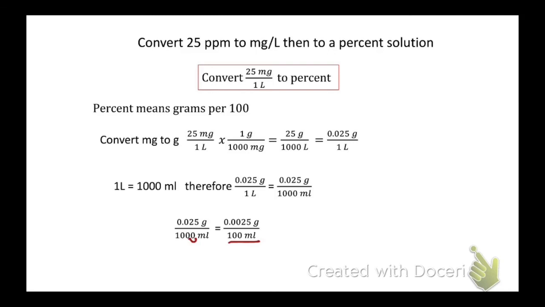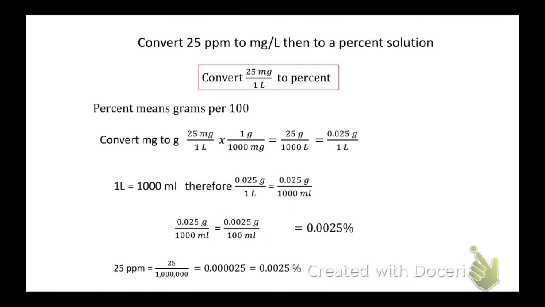And we need to do the same in the numerator. So we're going to go from 0.025 to 0.0025 grams. Now we've got it in the form that we want, grams per 100 ml. So this number becomes your percent, 0.0025%.